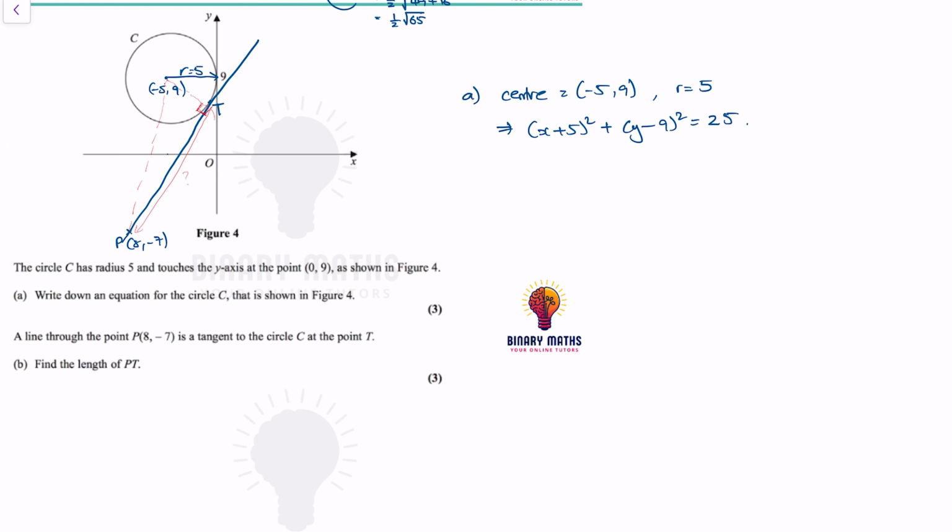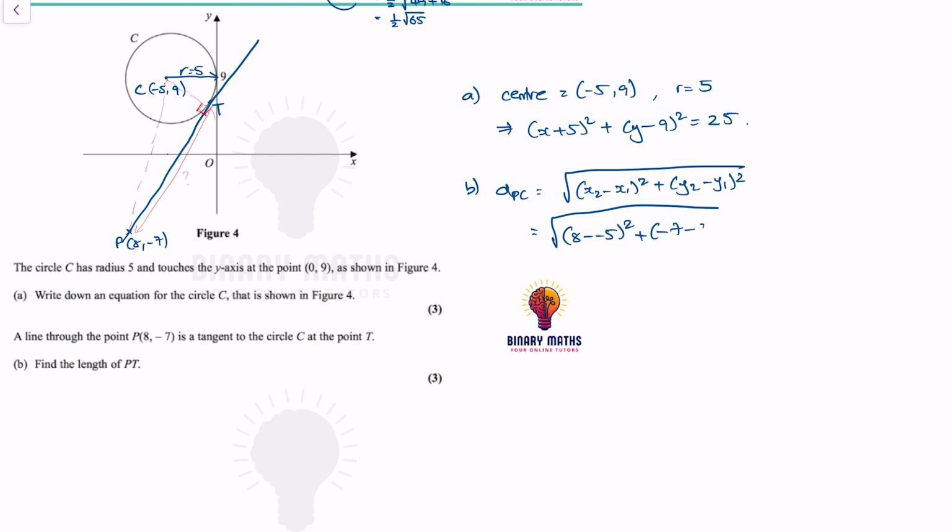So let's call the circle center C. The first thing I need to work out is the distance between P and C, which is x2 minus x1 squared plus y2 minus y1 squared. 8 minus negative 5 squared plus negative 7 take away 9 squared. Square root of 169 plus 256, which gives me the square root of 425.